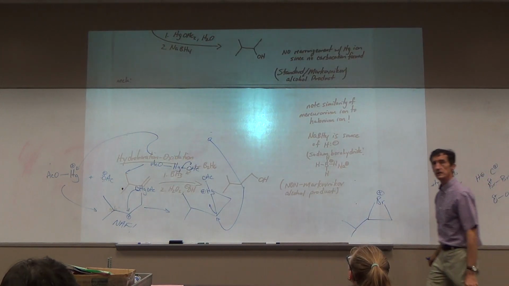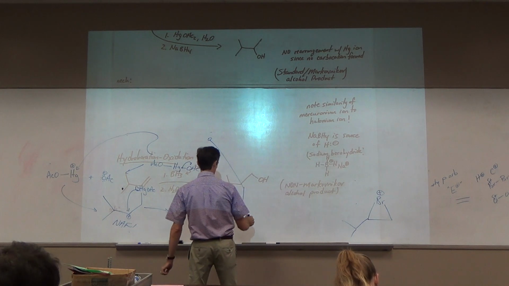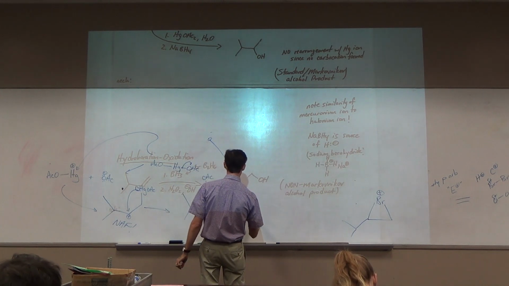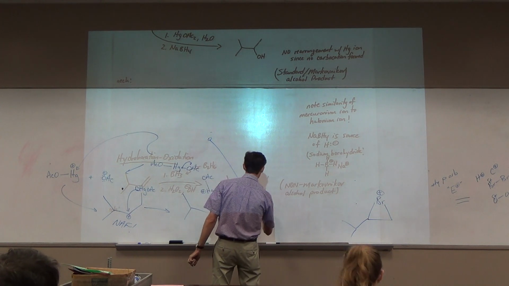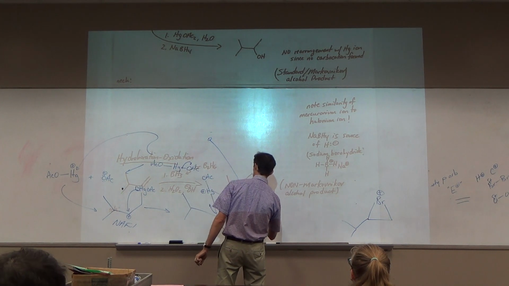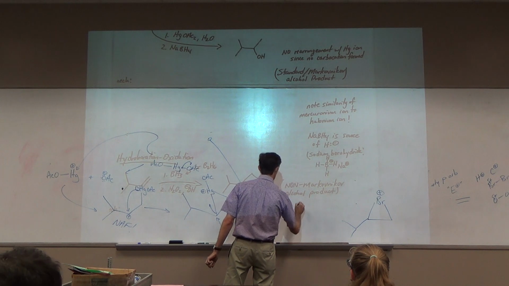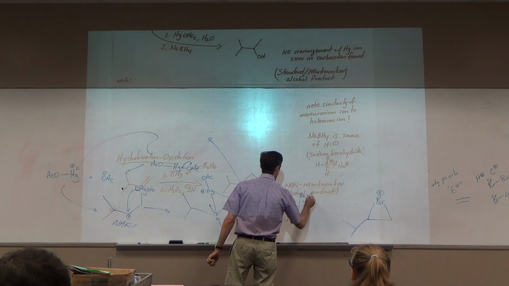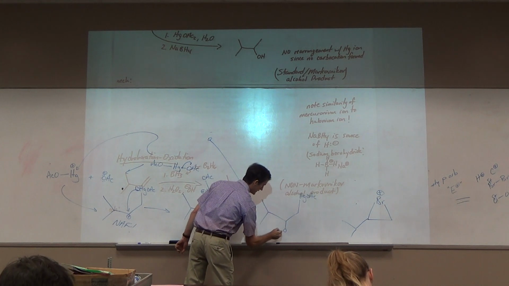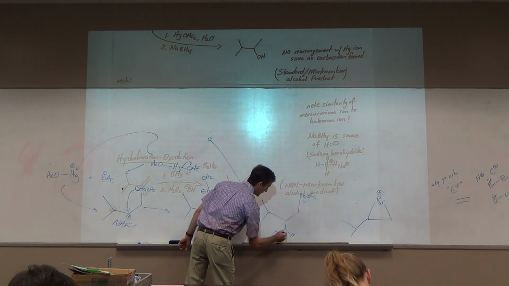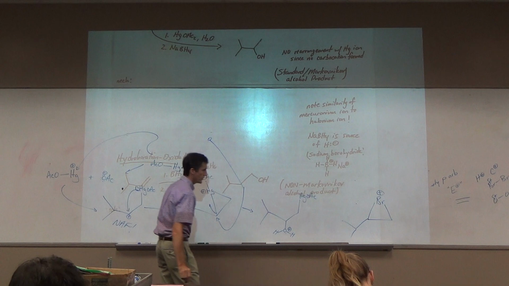Let's finish this up. Well, we'll finish it up to just the next structure because we're out of time here. What does that give? And you can finish it up on your own. Boom, boom. Mercury acetate opens up. Now bonded here is going to be water.